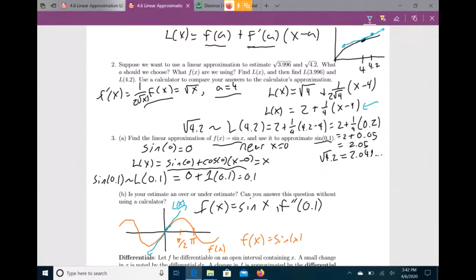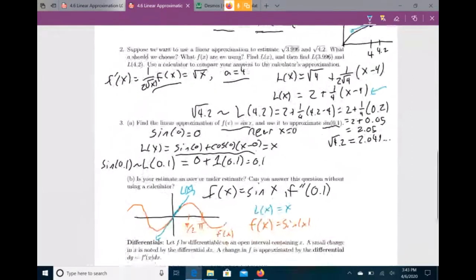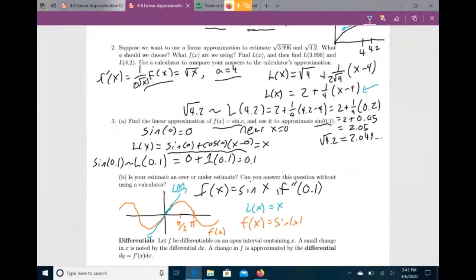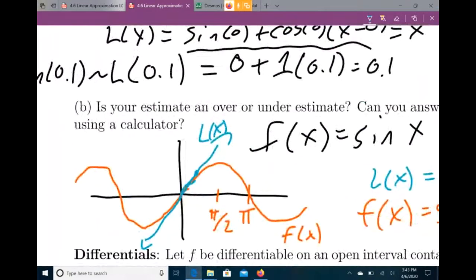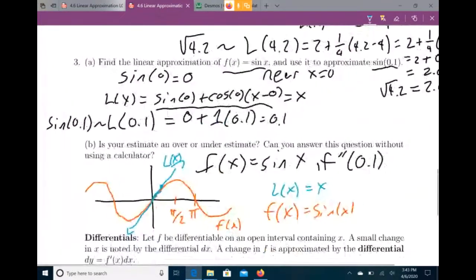Really enjoying these colors. Then if I try to use this linear approximation to approximate sine, and I plug in a value that's a little bit to the right of 0, my tangent line will lie above the curve, right? So I'll be overestimating.